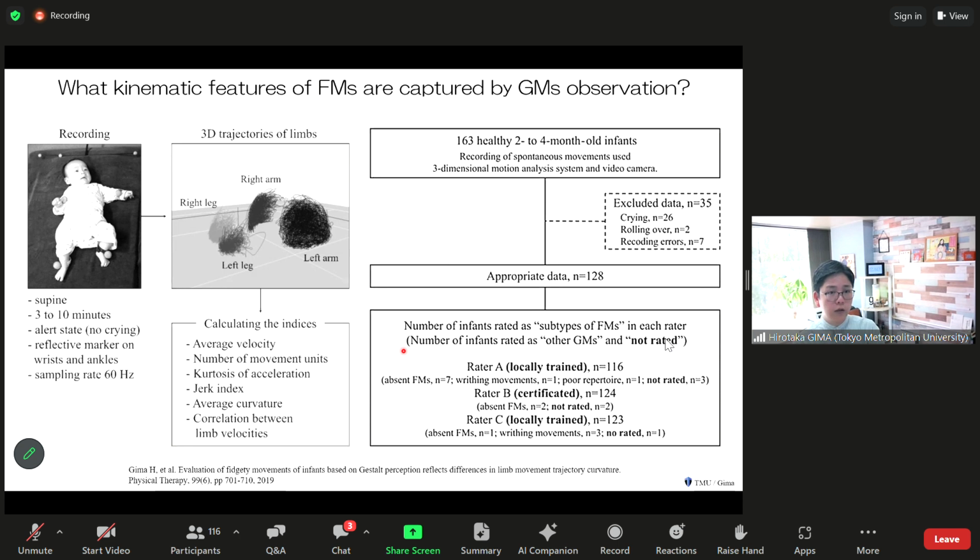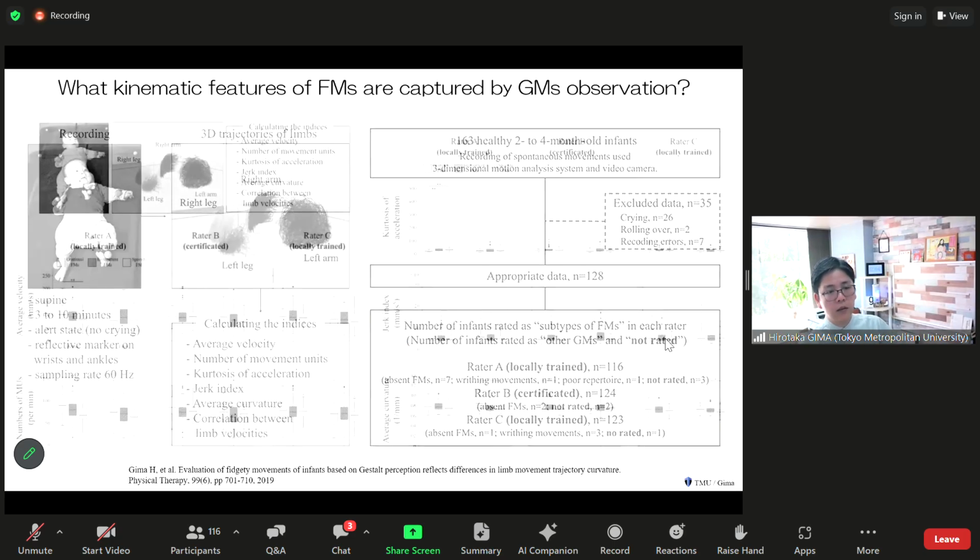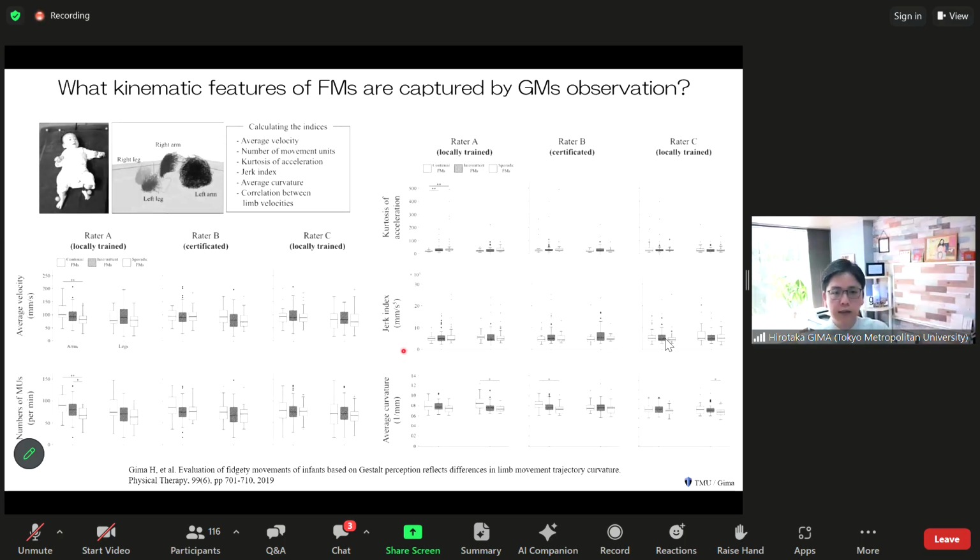The purpose of this study was to develop a method to clarify which movement features are associated with each rater's evaluation of fidgety movements based on the GM assessment. The results show that only the average curvature differed significantly among the ratings of the fidgety movement for all 3 raters.